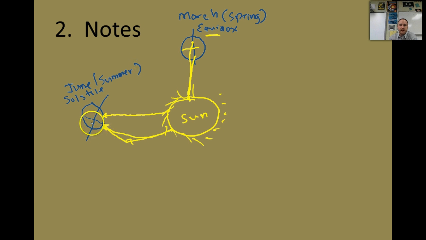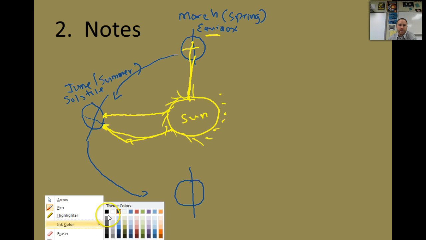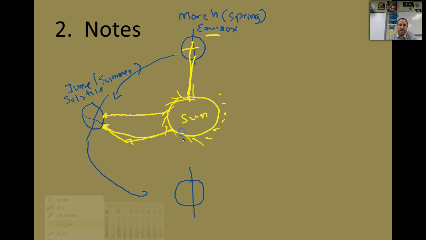And as the Earth continues to rotate, so if we continue to draw the fact that it's moving around the sun, we come to another point in time, again, where the axis line is almost going up and down, and the sunlight is traveling more directly again.